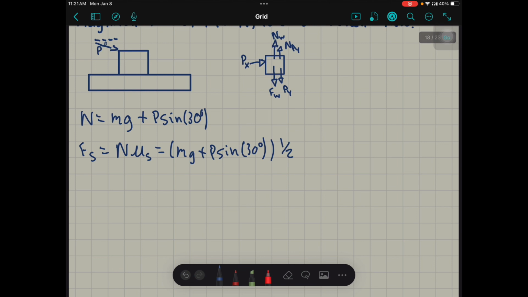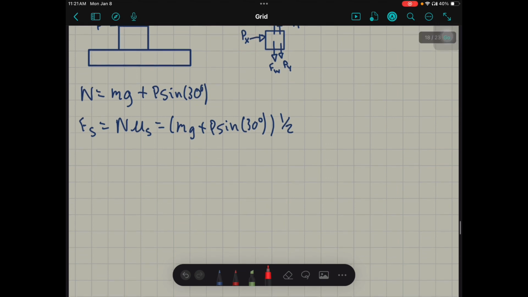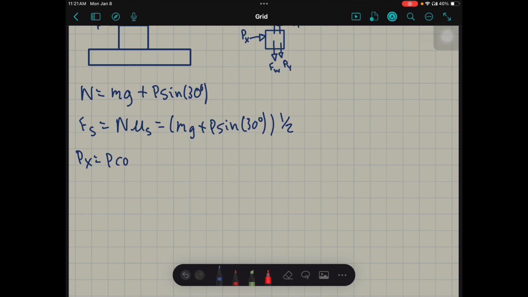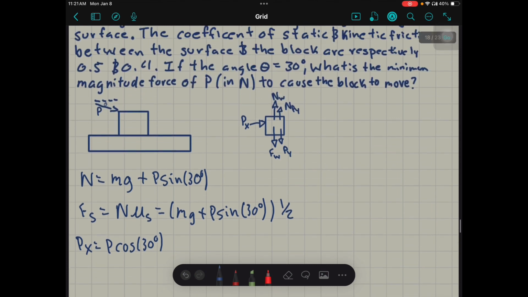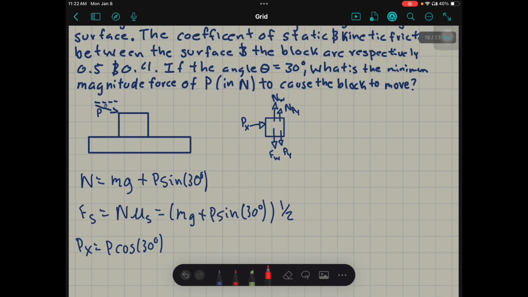Now, in order for the block to move to the right, Px, which is moving it to the right, has to be greater than our static friction. So our Px is going to be equal to P cosine of 30 degrees, and that's because P in the x direction is going to be right here.